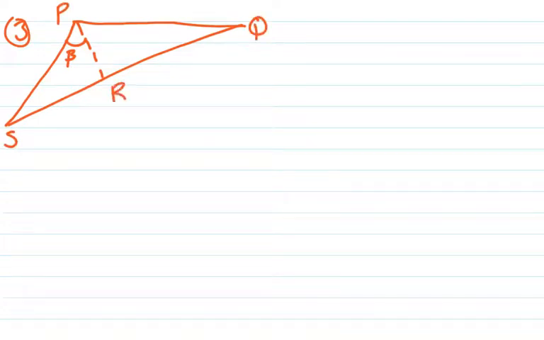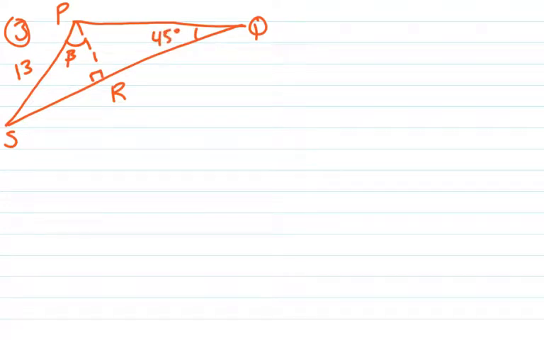All right, and then this is a bigger problem. If I have this triangle here, this is angle beta, with points S, P, Q, R, and this side length here is 13, and this here is a right angle, and this is 45 degrees.